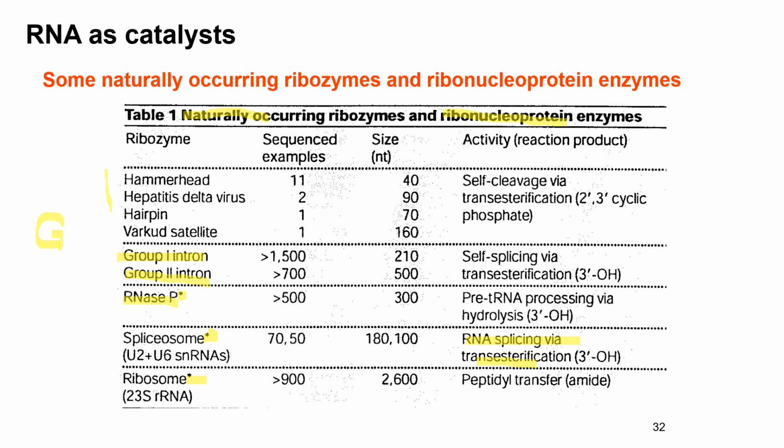And finally, the ribosome also has catalytic RNA to complete the peptidyl transfer reaction. So in these examples, they are transacting, which means that they act on others, not on itself. And this allows for multiple catalytic turnover.